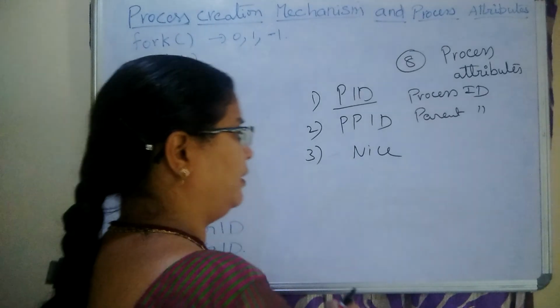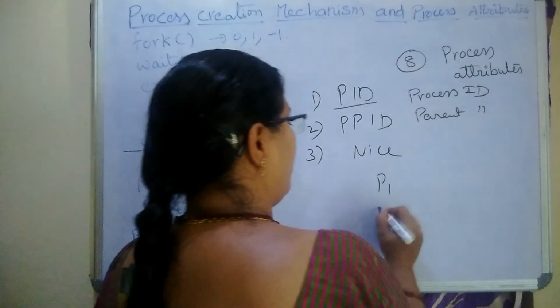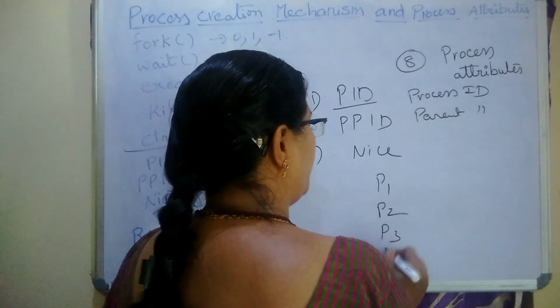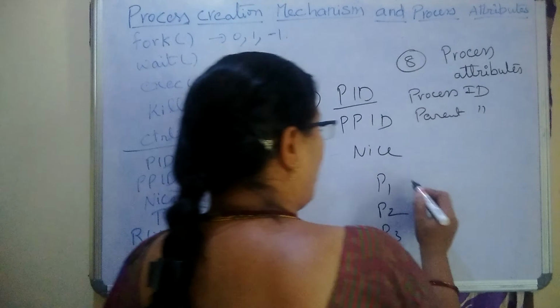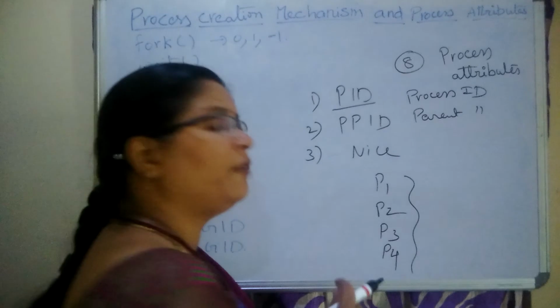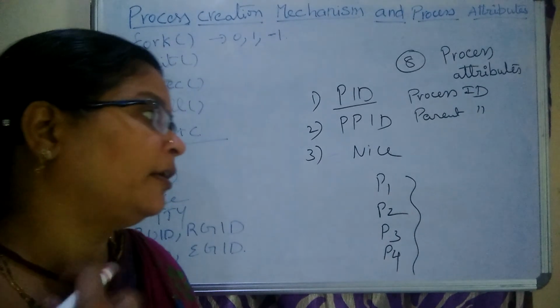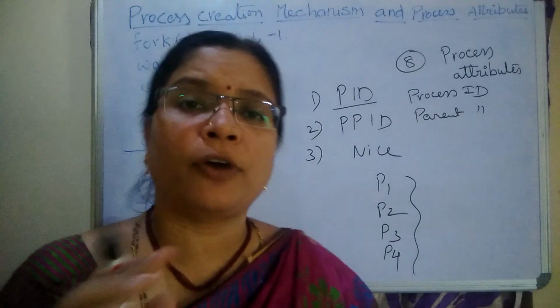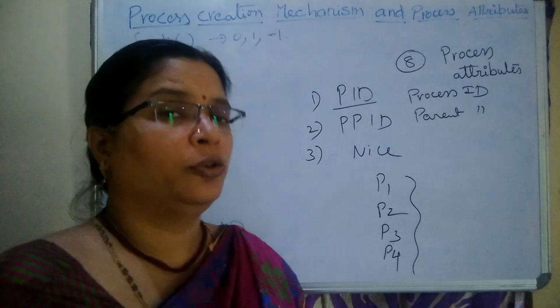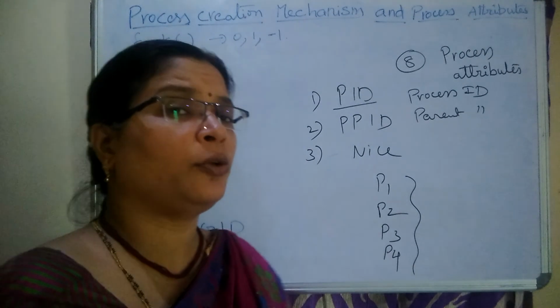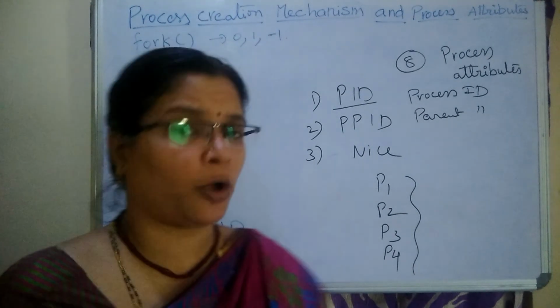For example, there are 4 processes, P1, P2, P3 and P4. All the processes are ready for execution. But we have to take only one process for execution, so we need to prioritize the processes.